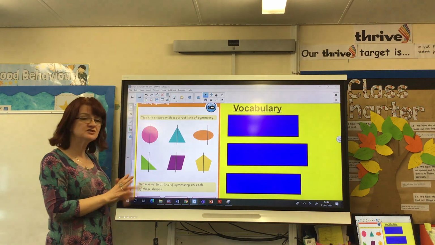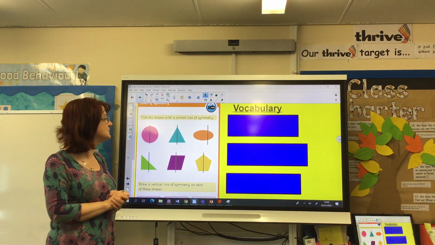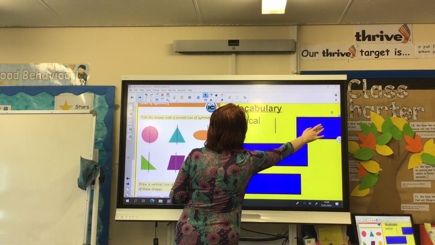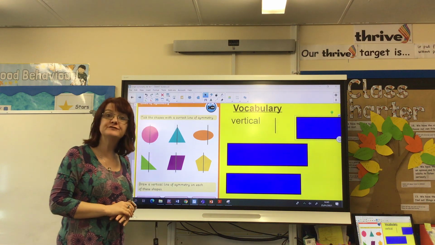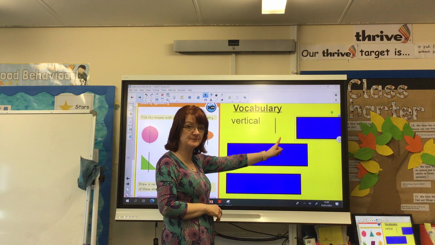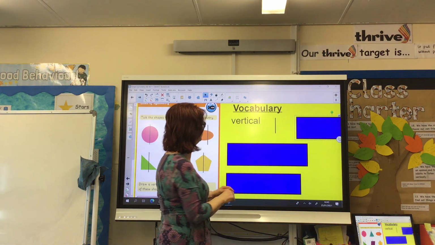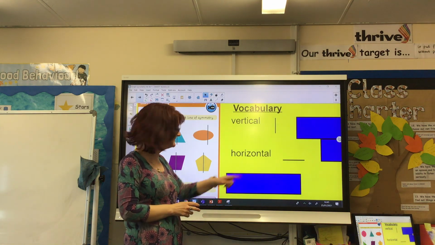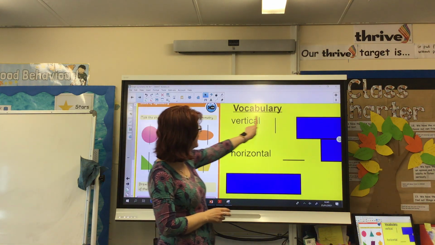Right, so let's just go over a little bit of the vocabulary you're going to need in today's lesson. You're going to need these words: vertical. Vertical is a line of symmetry that goes from the top to the bottom. Horizontal is a line of symmetry that goes from one side to the other.